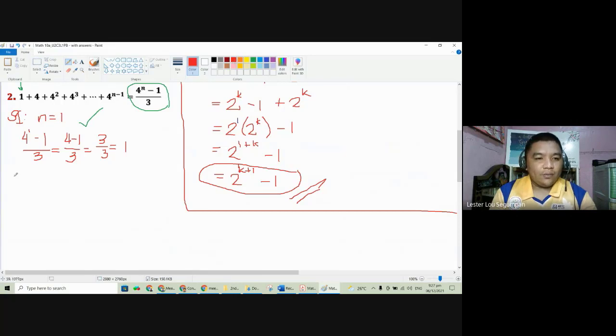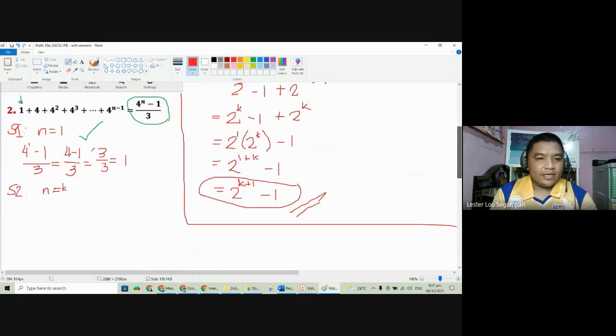With that, we'll have our step 2, and step 2 is when n is equal to k. So we have this given expression: 1 plus 4 squared plus 4 cubed plus dot dot dot plus 4 to the power of, the n will become k now, minus 1.